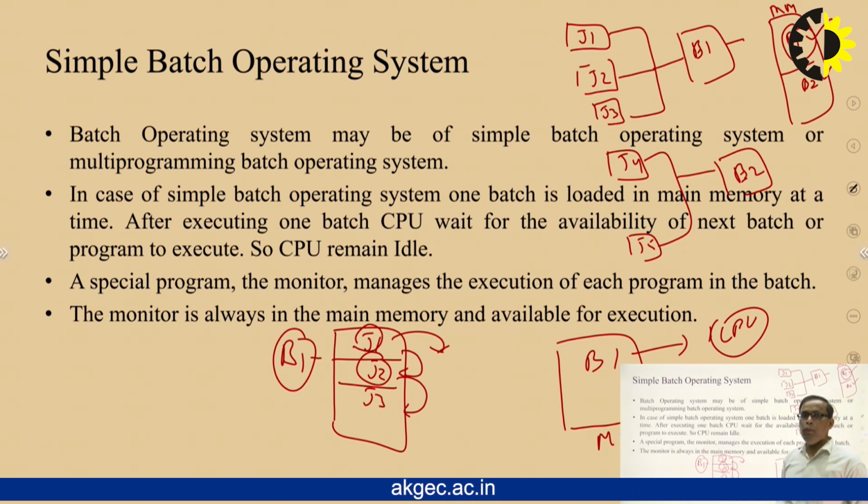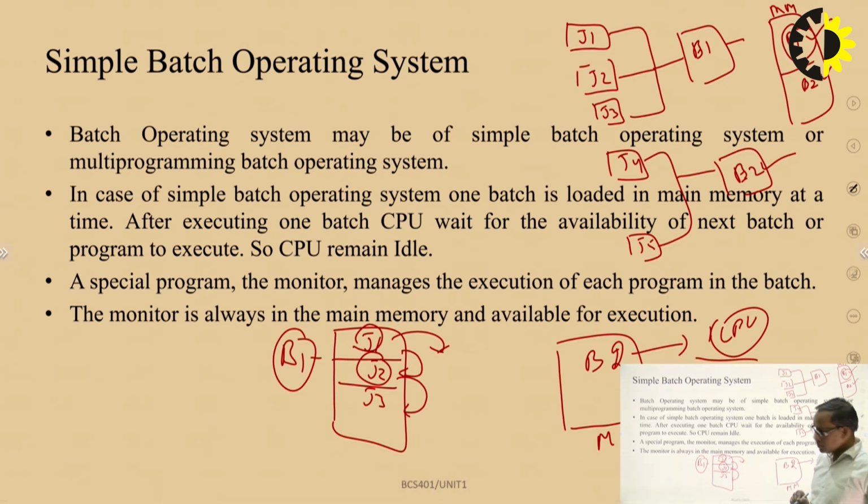When the execution of batch 1 is completed, the second batch B2 will be loaded into main memory, and the CPU starts to execute the jobs defined inside B2, and after that the next one. So in a simple batch operating system, batches are executed one after the other.